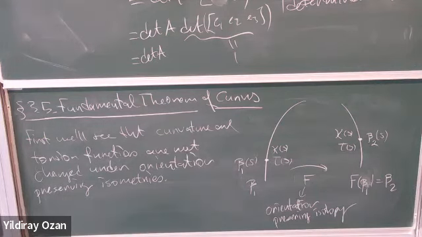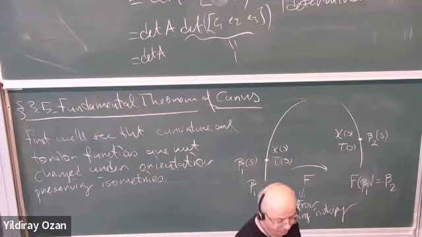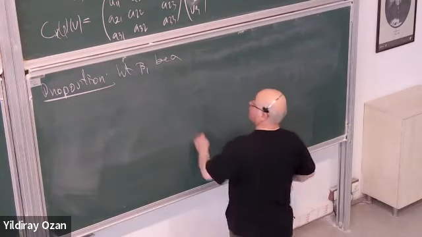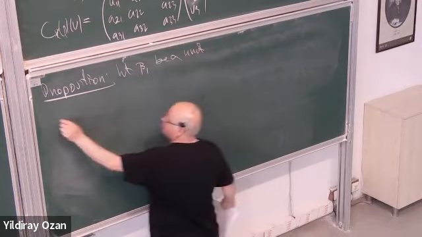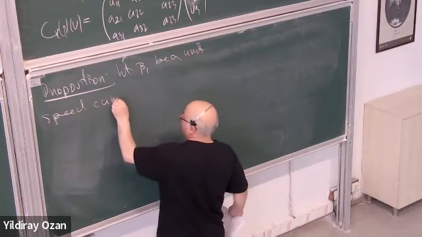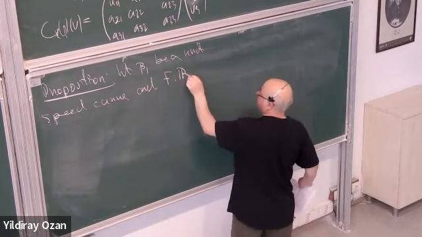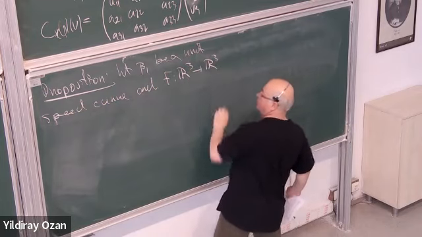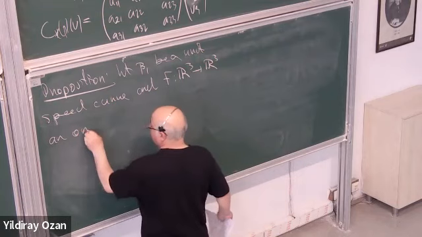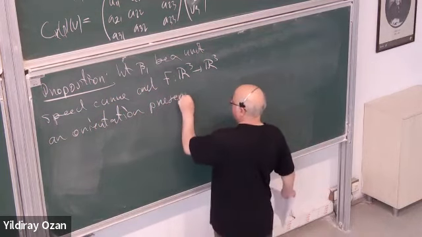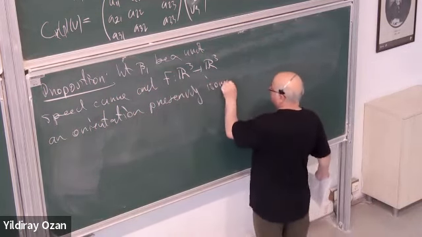Let beta 1 be a unit speed curve, and F an orientation preserving isometry.